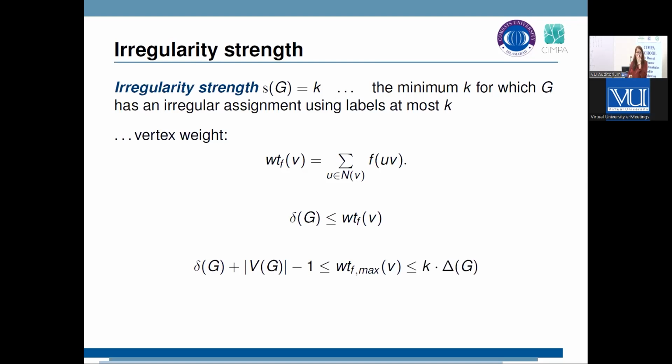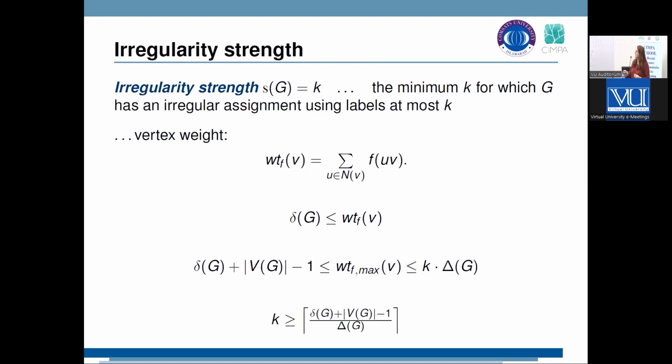But for the maximal vertex weight we also have an upper bound, since we know that all edge labels are at most k. So we have delta G, the maximal degree of graph G, and every edge is labeled by the maximum possible label. So we have this upper bound for this parameter.